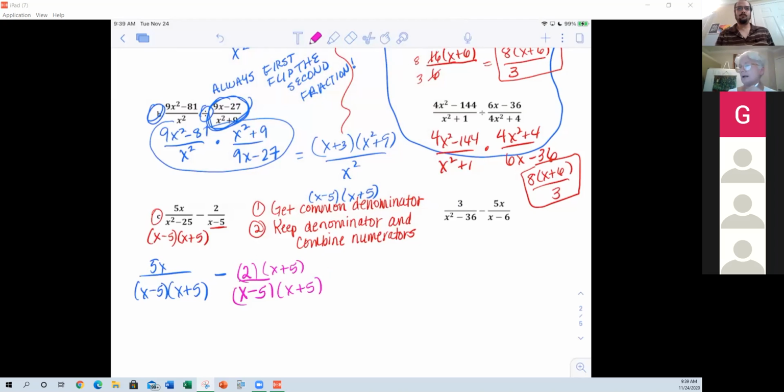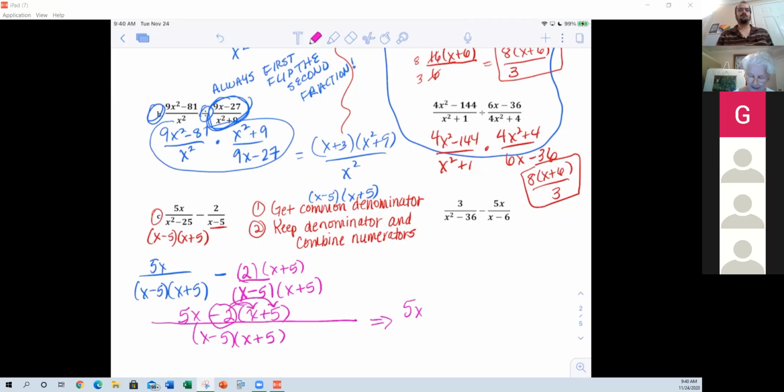Once we have the common denominator, we keep the denominator. And we combine the numerators. Now here's where you got to be careful with the subtraction. So this is going to be 5x, and I'm distributing the -2.